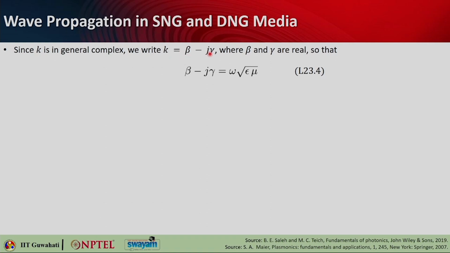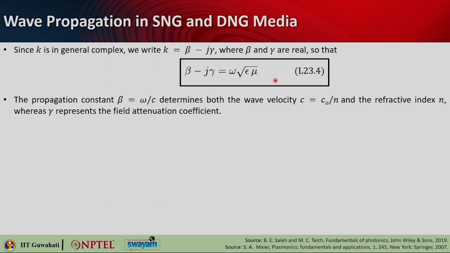Here beta and gamma both are real, and we can equate beta minus j gamma to the value of k we have seen in the previous slide, that is omega square root of epsilon mu, and from that you can determine that beta is basically this one. In this case it is a lossless medium, so you can take gamma equals 0.